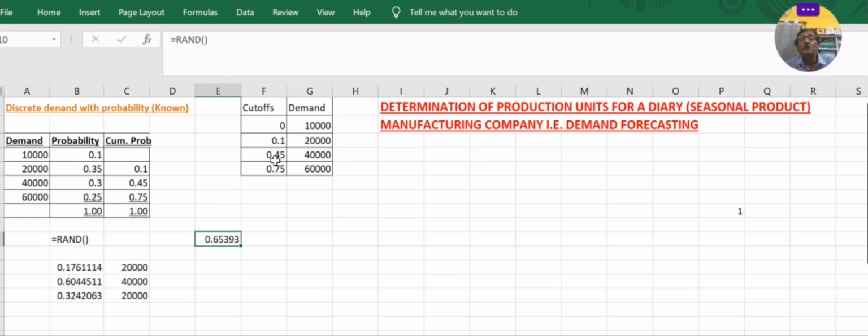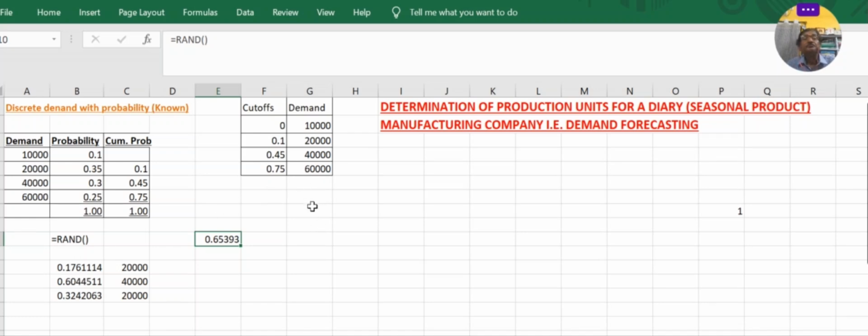And more than 0.45 and just below 0.75, the demand will be 40,000. In this way, we have allocated the demand with the cumulative probabilities, and this will be attached with the random number.